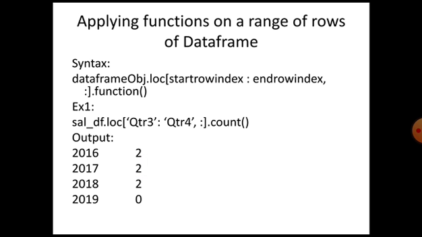So it is giving 2 rows for 2016, 2017 and 2018. But for 2019 it is giving 0 because in 2019 the value specified is for qtr1 only. qtr2, qtr3, qtr4 have no values. So for qtr3 and qtr4 the column 2019 has no value, so the count is 0 here.